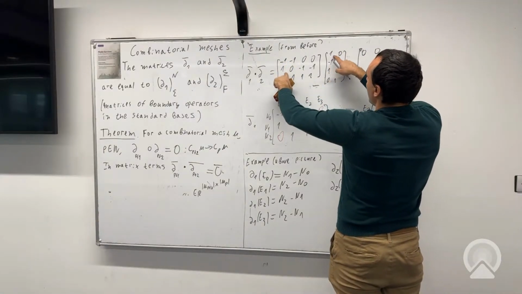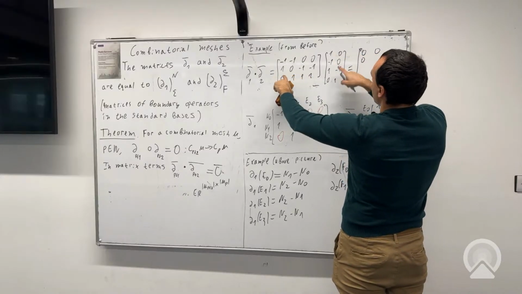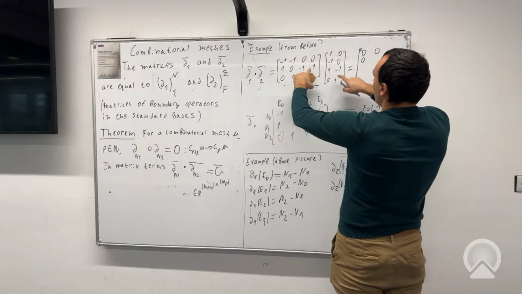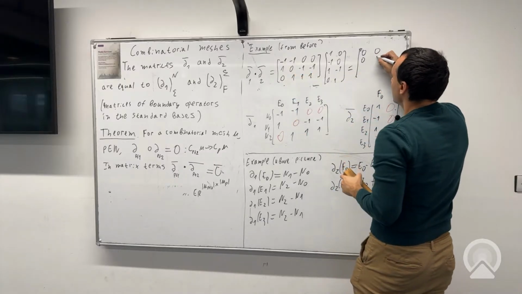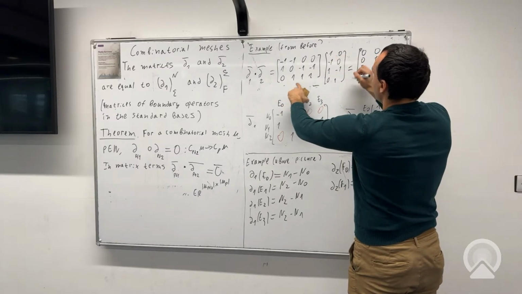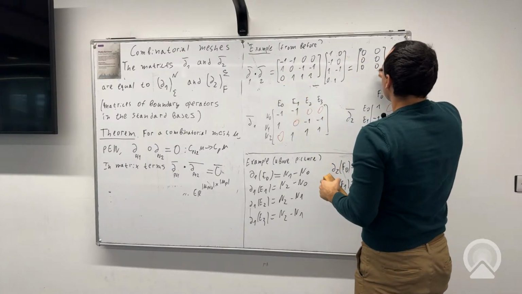Here we have 1 and then minus 1, so this is 0. Then minus 1 is 1 and then again minus 1, so this is 0. And the third we have 1, minus 1, 0, minus 1 plus 1, 0.